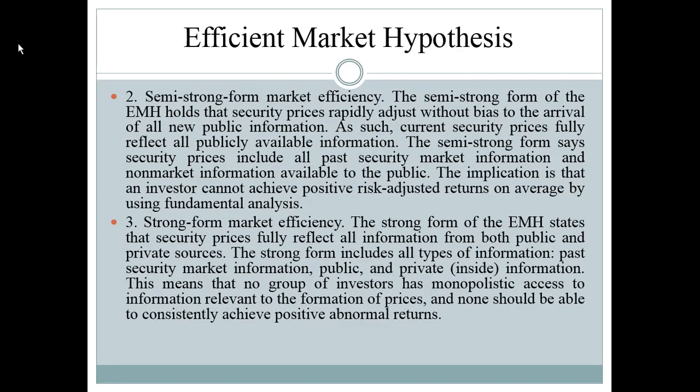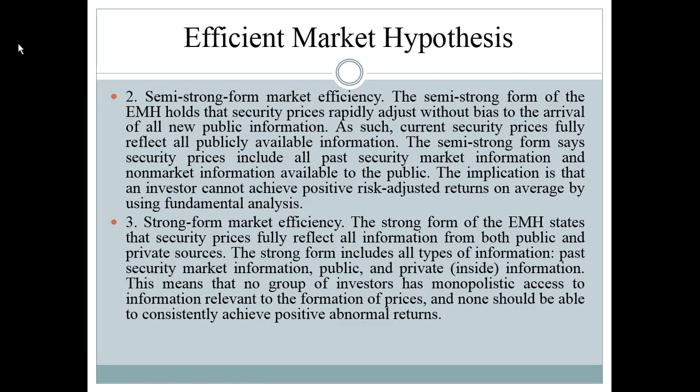And then we've got the semi-strong form of market efficiency. The semi-strong form of EMH holds that security prices rapidly adjust without bias to the arrival of all new public information. As such, current security prices fully reflect all publicly available information.